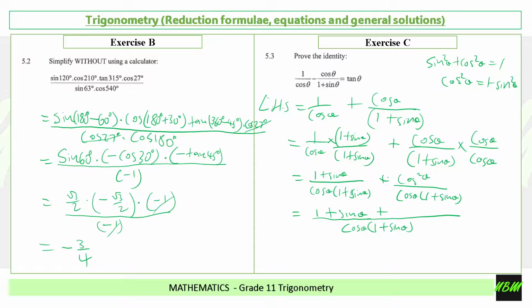Before we get there, let us first correct the sign here. We have 1 over cos theta minus, so this is minus cos squared theta. Cos squared theta is 1 minus sine squared theta.